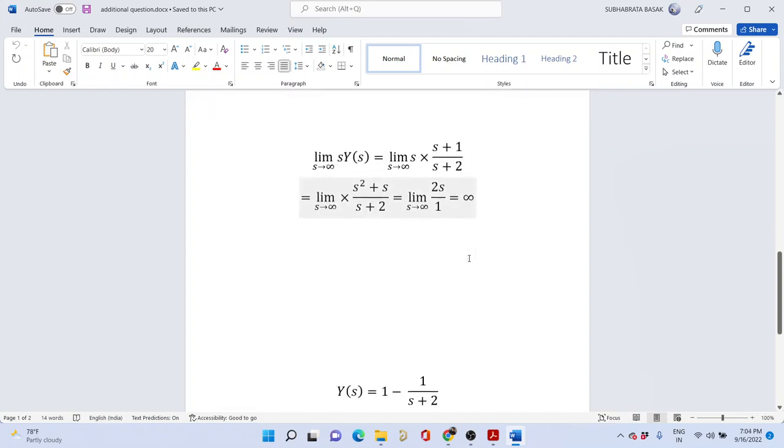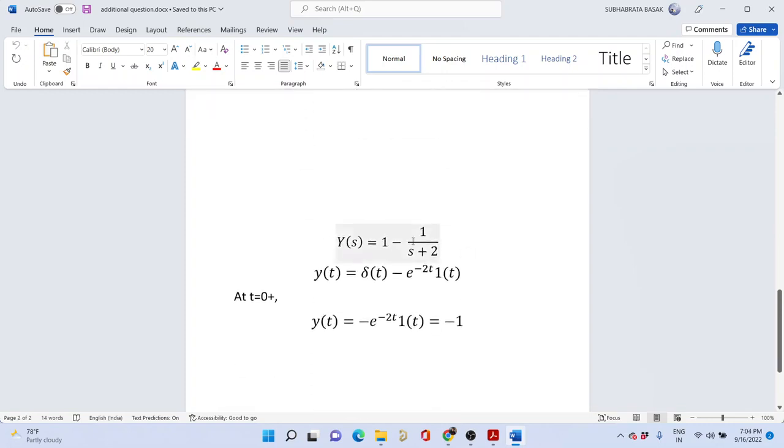The problem is, if you break this function, y(t) equals delta(t) minus e to the power minus 2t 1(t). This is basically 1(t), the Heaviside step function. It is similar to what you write as u(t), but in control literature, u(t) is the variable used for input. That is why I use 1(t). So at t equal to 0, there is a delta(t) term over there, so it is kind of unbounded.